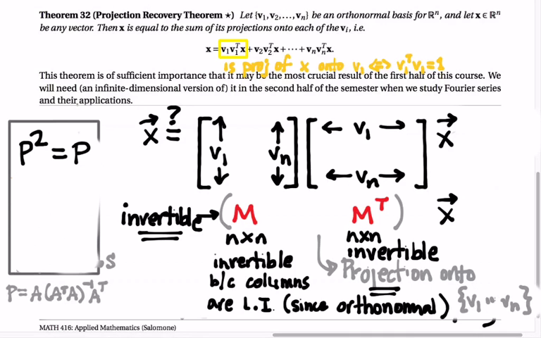But if P is also invertible, then what can I do in this equation? Just multiply by P inverse. On the left-hand side, P inverse is going to cancel one of those P's, and on the right-hand side, P inverse P is identity.